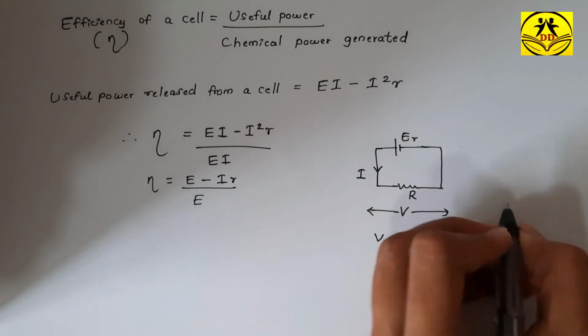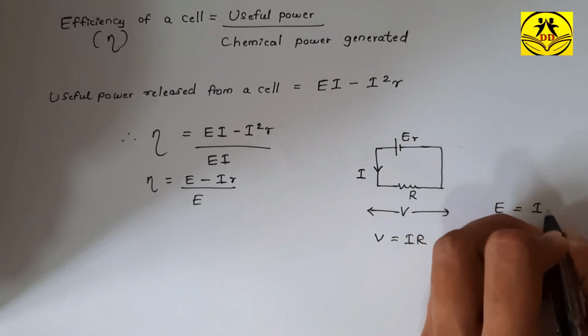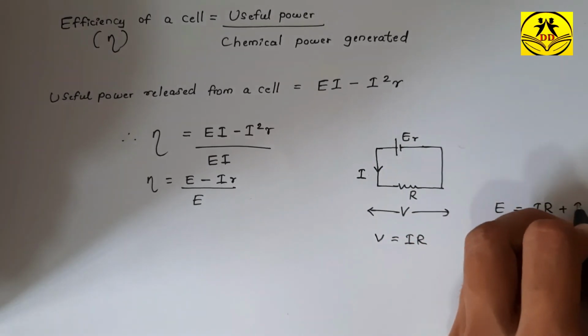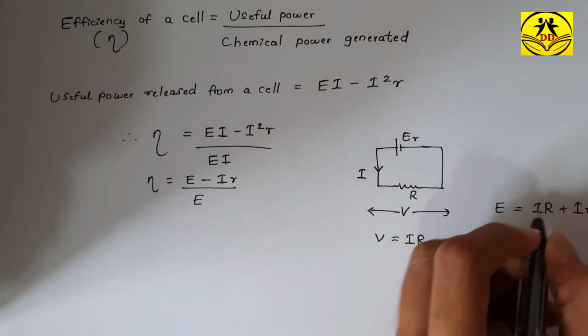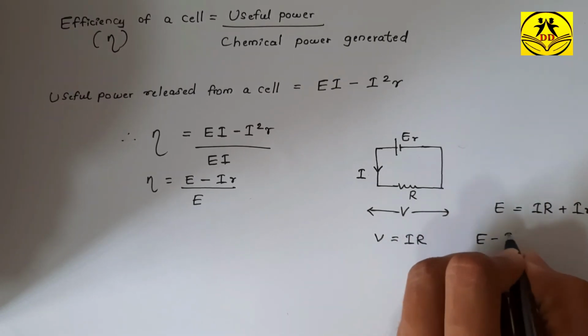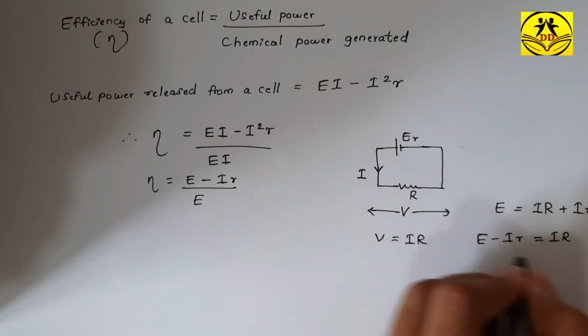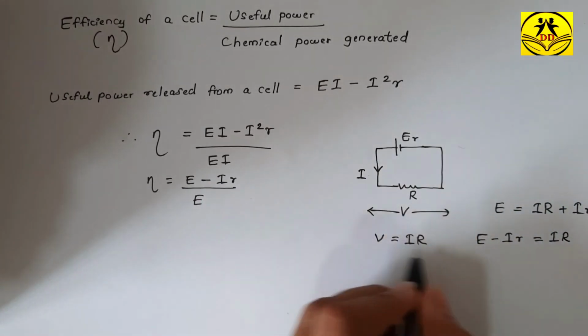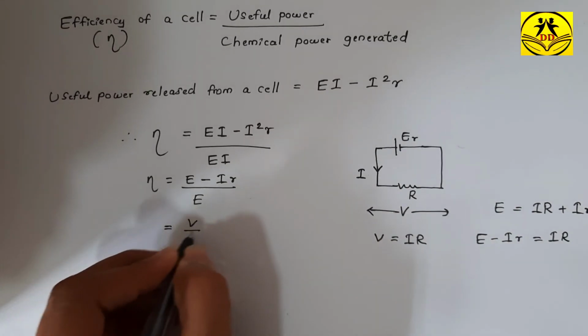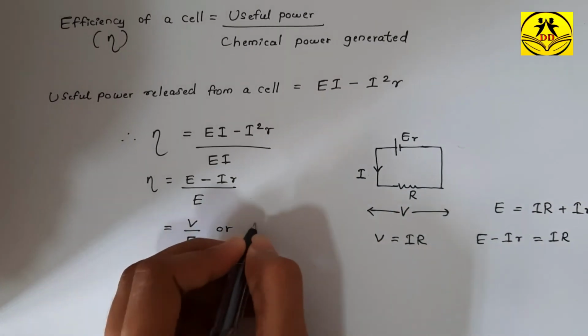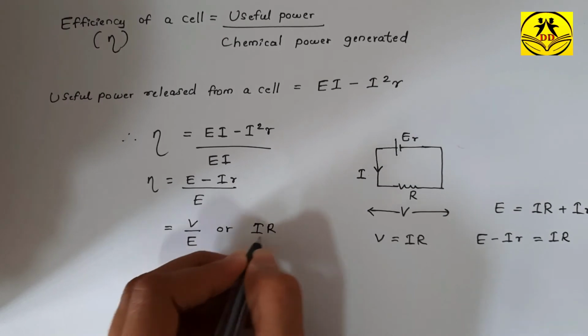For a simple circuit we write E equals IR plus I simple r. So E minus I simple r equals I capital R. So instead of this we can write I capital R or V, V over E or IR over E.